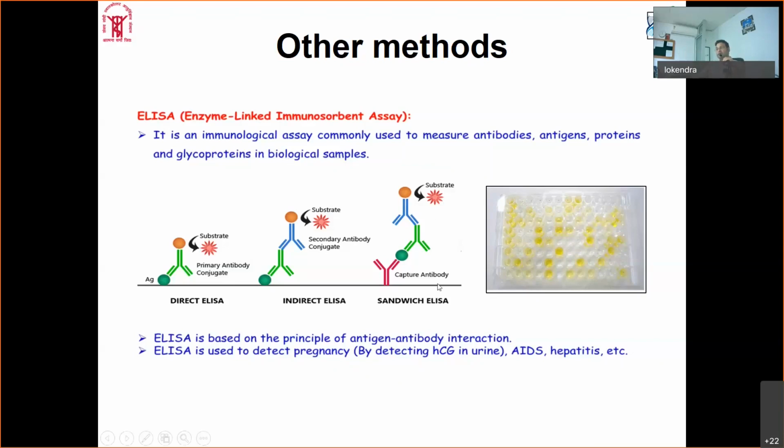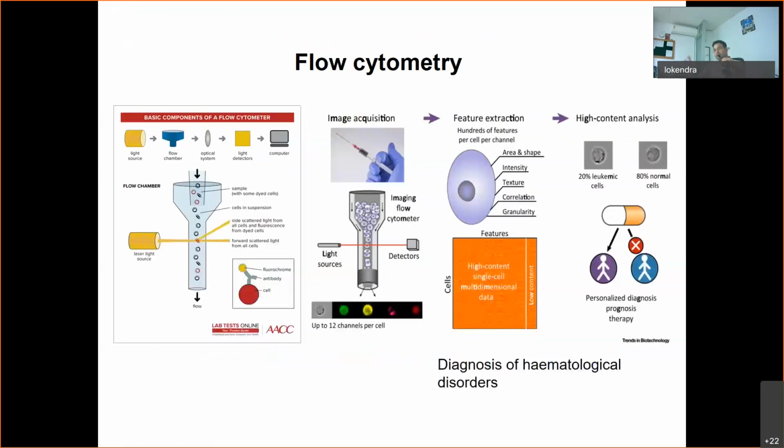ELISA is one of the methods that can also be classified as molecular methods, in which we specifically detect proteins. The previous methods are based on DNA and RNA, and this is one of the methods for protein identification. There is another method, flow cytometry, which is more commonly used in detecting hematological malignancies.